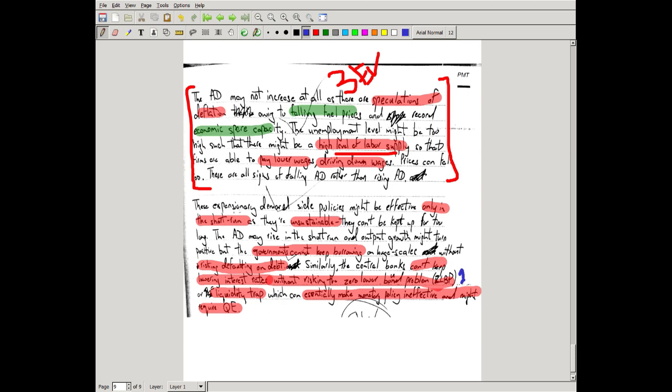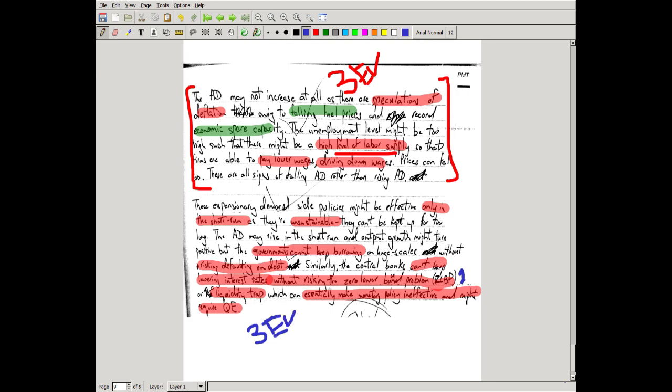And if the central bank keeps on running expansionary monetary policy, then it can run into such a problem. So that's unsustainable, and that's overall, I'd say, for evaluation. Yeah, definitely 3 for sure. I'd err on the side of caution and probably give myself 3 evaluation.